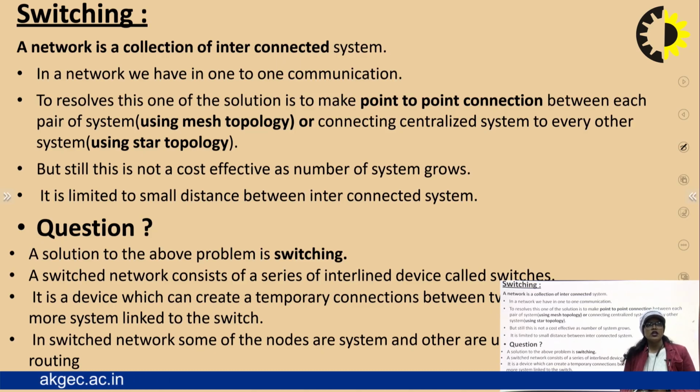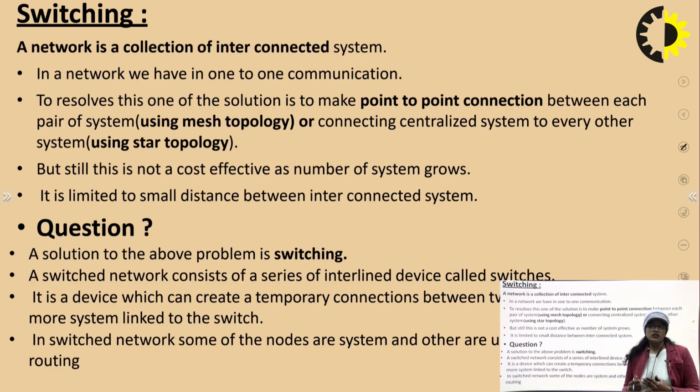So to resolve this problem, what is the problem? The problem is that the sender and receiver want one-to-one communication with each other. They want to feel as if the whole network and the whole bandwidth is available for them only, right?